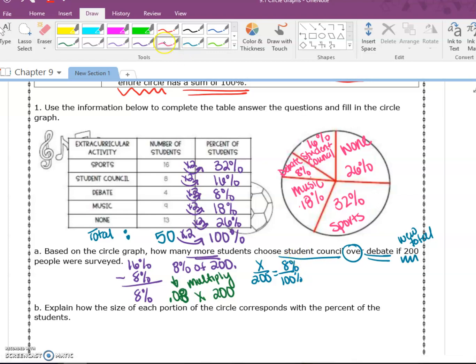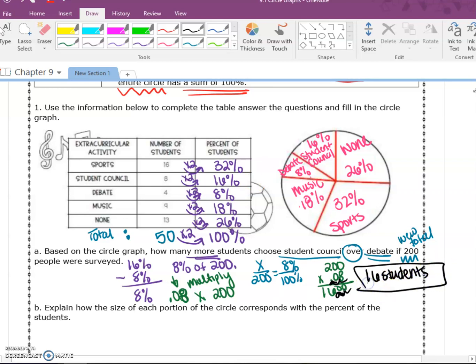Or I could take that 8% and multiply it with that decimal version. So 200 times 0.08 would be 0.0016, and then you move that decimal 2 places. 1, 2. So then that would be 16 students would choose student council over debate. That would be your answer there.